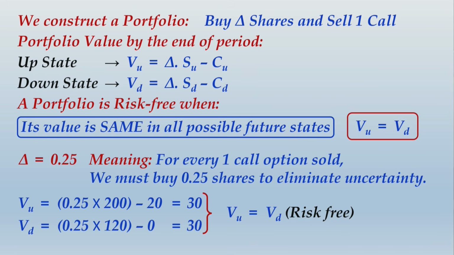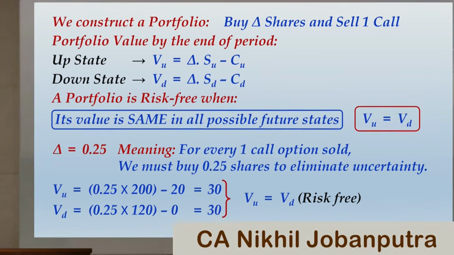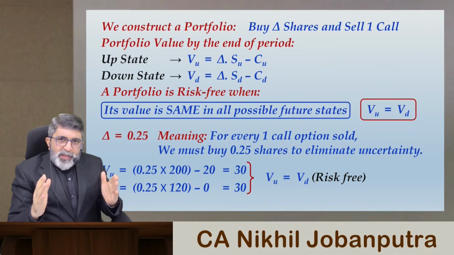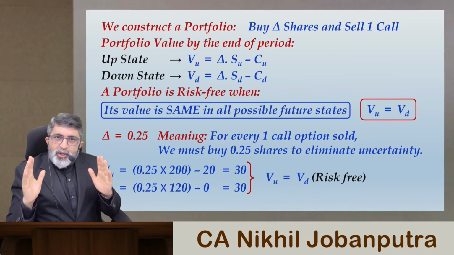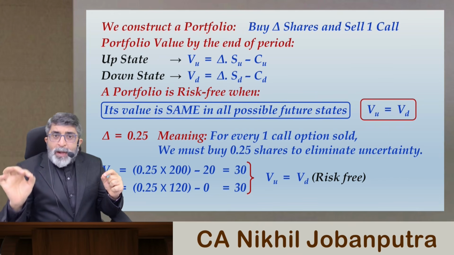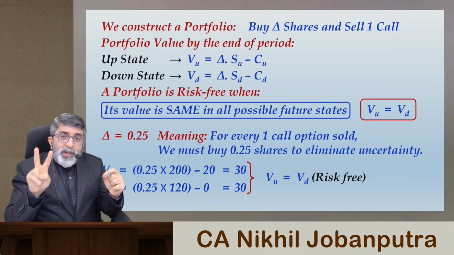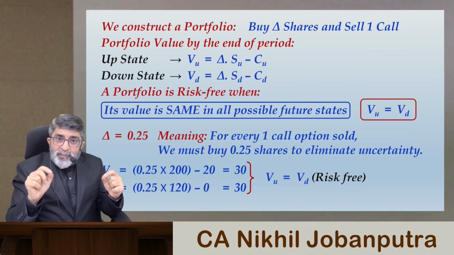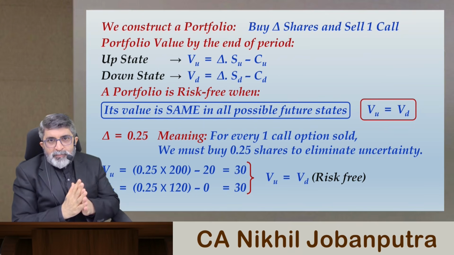Now what we have to further understand is something very, very vital again. See, VU equals VD, your portfolio became risk free. Recollect one thing that you have learnt, the law of one price. If two different investments are giving the same result at the end, their present value should also be the same.